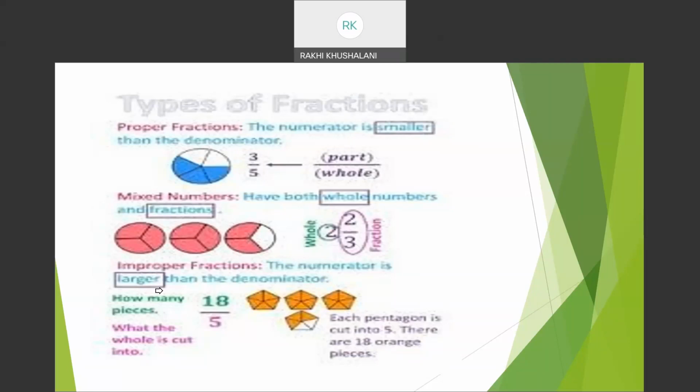I'm trying to say, I made 8 pieces of a pizza, but I have got 12 pieces. How is that possible? But yes, I'm saying that the numerator is bigger than the denominator. Yes, that is possible. How many pieces? 18 pieces.